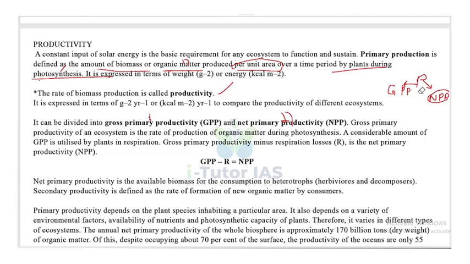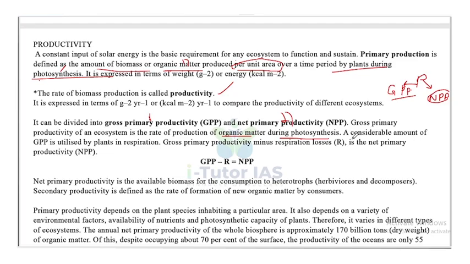Let's discuss what is gross primary productivity and what is net primary productivity. The gross primary productivity of an ecosystem is the rate of production of organic matter during photosynthesis. So it's a simple definition. What is gross primary productivity? It's the rate at which organic matter is produced during photosynthesis.